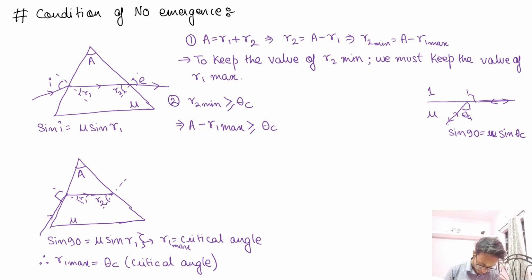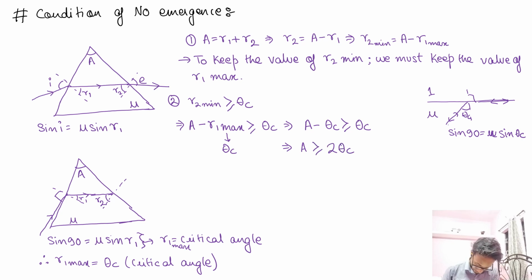And what is the value of R1 max? The value of R1 max is also theta c, the critical angle. So A minus theta c is greater than or equal to theta c, or A is greater than or equal to twice the critical angle.